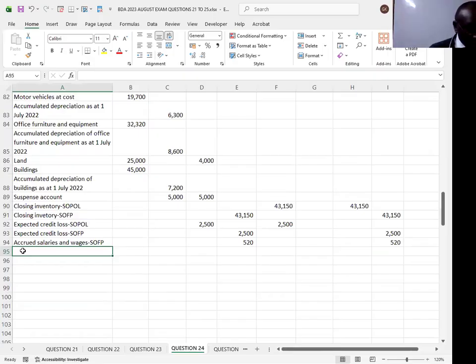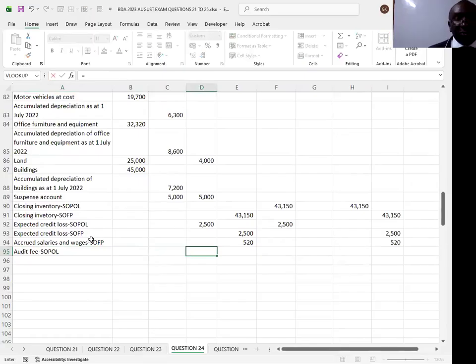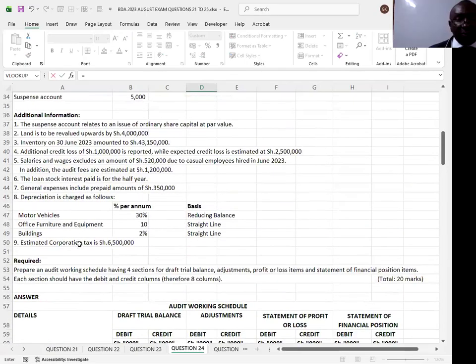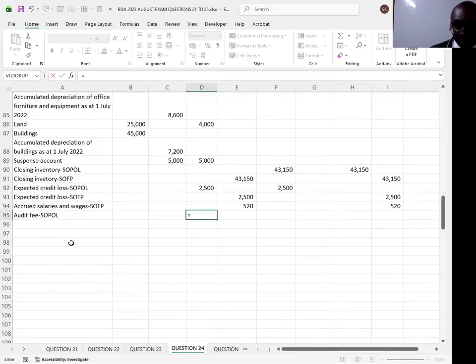And when audit is done, that is an expense to the business. So it should go to the statement of profit or loss, where I will come and debit. So I'll say equals an amount of 1,200. Yeah, that is what happened.